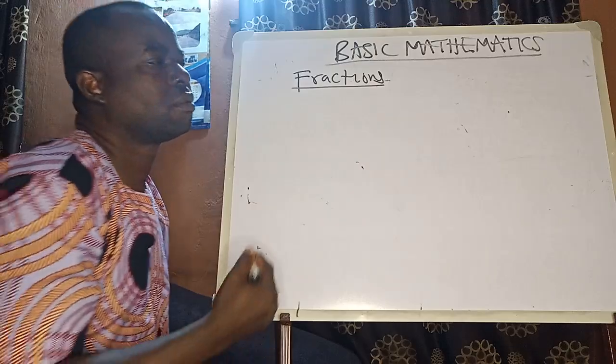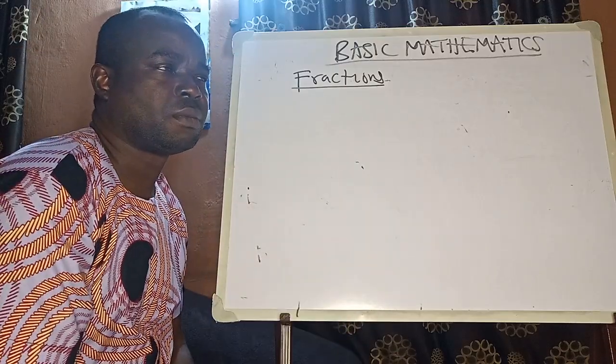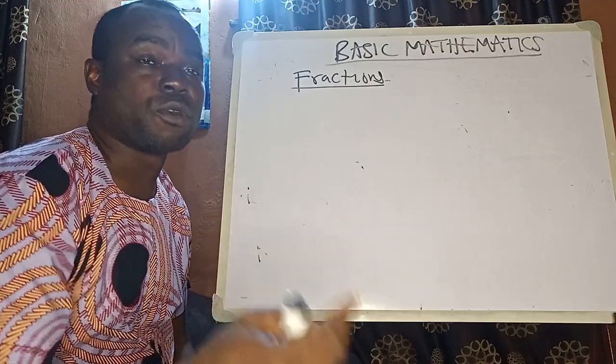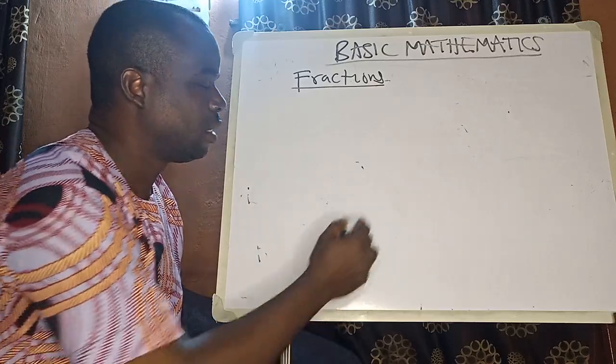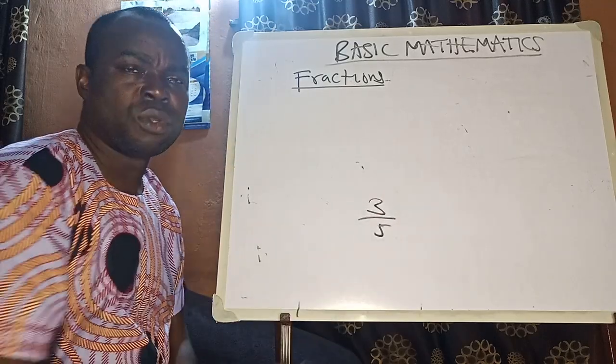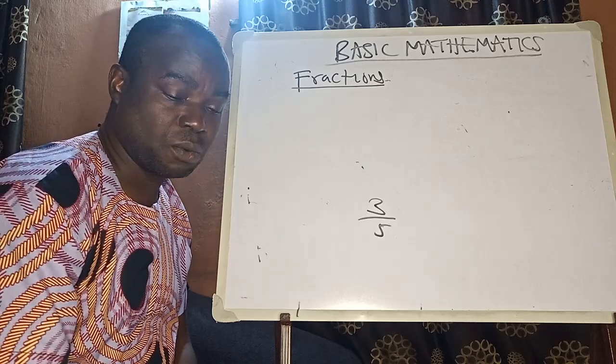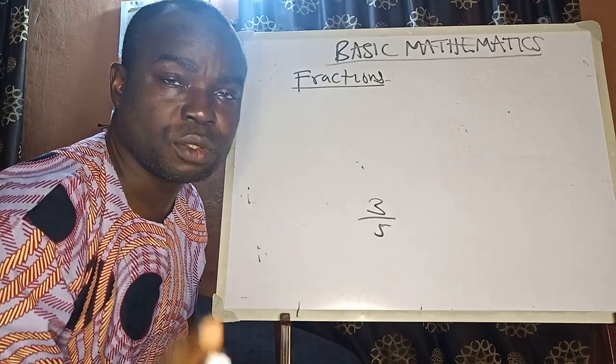We have two basic types of fractions, or I can say three basic types of fractions. If you have something like 3 over 5, the number on top is the numerator and the number down is the denominator.